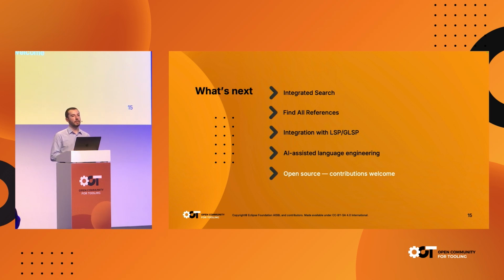Ideally, this should be extended for Sirius Web or Eclipse GLSP or something very similar, and by using something else other than Xtext, like Langium. And so you would have a language server protocol for the textual part and a graphical language server protocol for the graphical part.